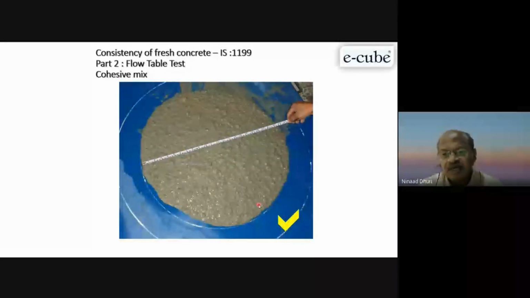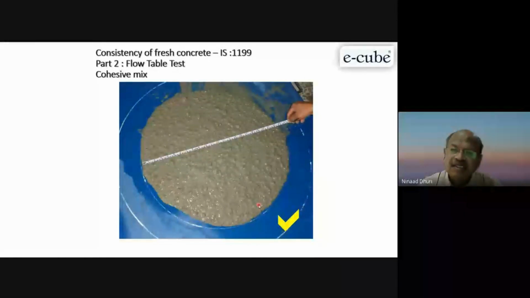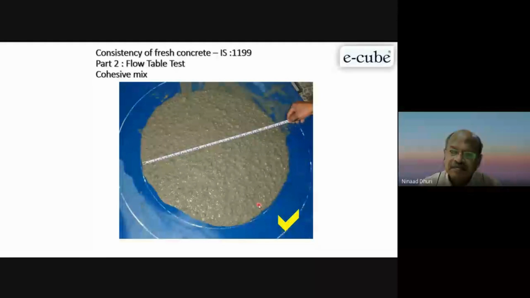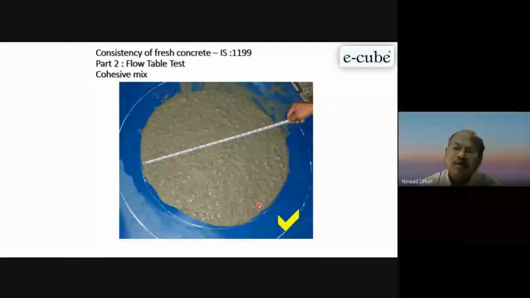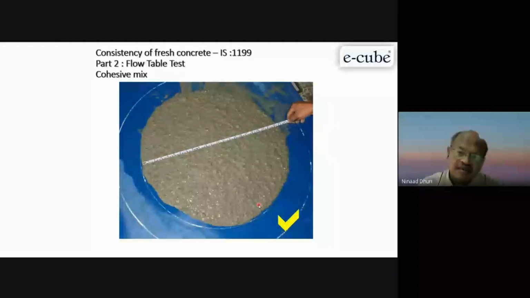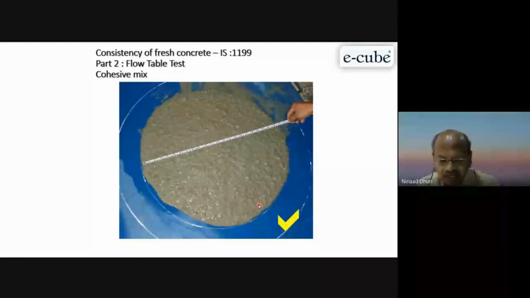That is a normal requirement for workable concrete, without segregation. When you talk about self-compacting concrete, we will discuss that later, but for self-compacting concrete vibrations are not advisable, or you should not do any vibration.